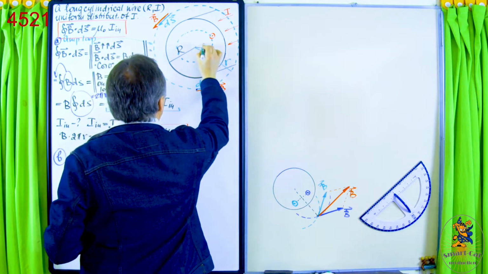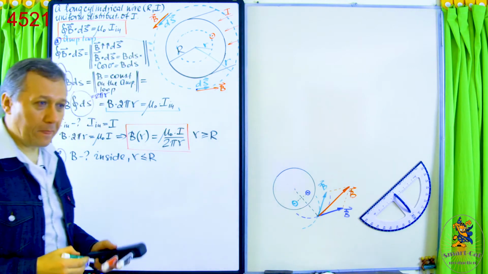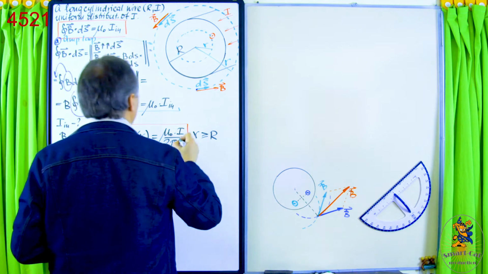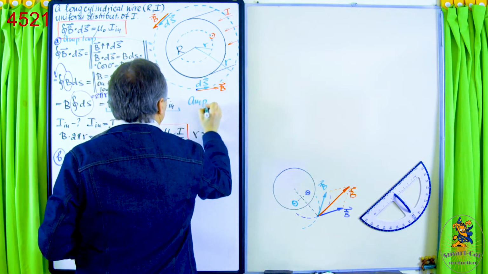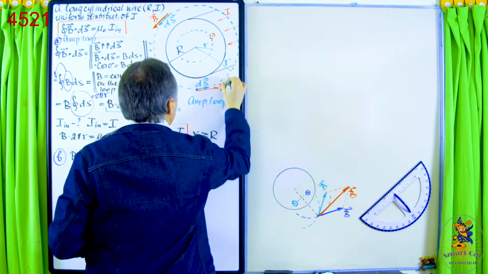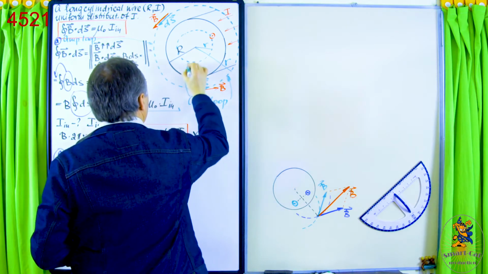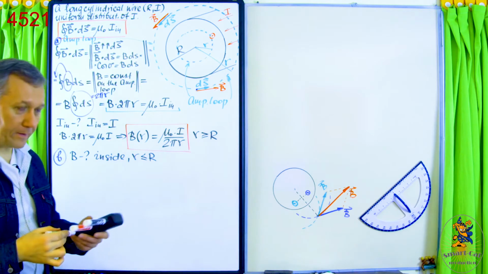This is of radius r small again. So that's our amperian loop. So this is for part A, and that is for part B.